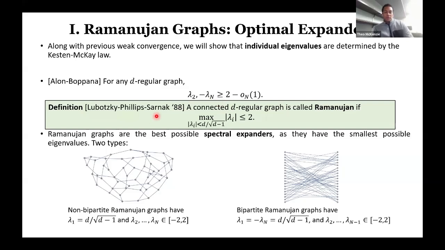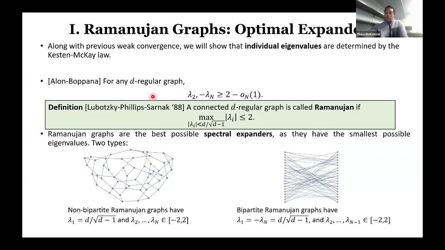So Lubotzky, Phillips, and Sarnak called a graph Ramanujan if it was an optimally good spectral expander, which is to say that any eigenvalue that's smaller than d over square root d minus 1 is actually smaller than 2. So I have this very large interval in which I see no eigenvalues. And the point is that by this Alon-Boppana bound, this is really the best possible spectral expansion.